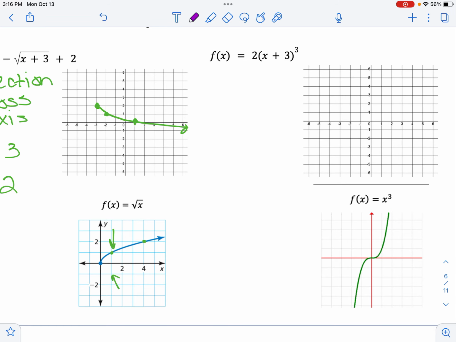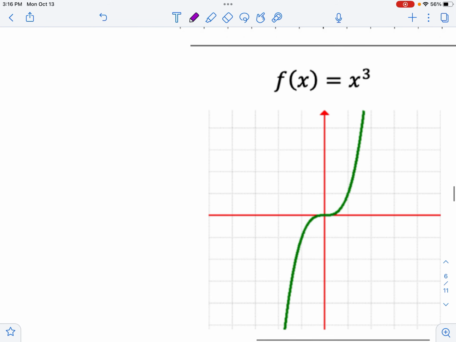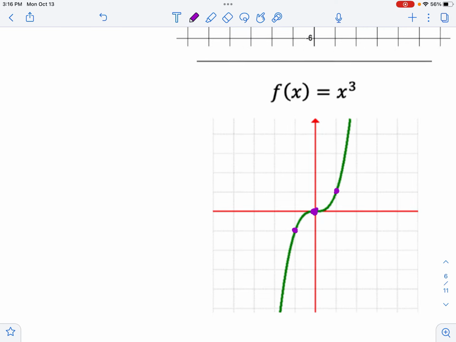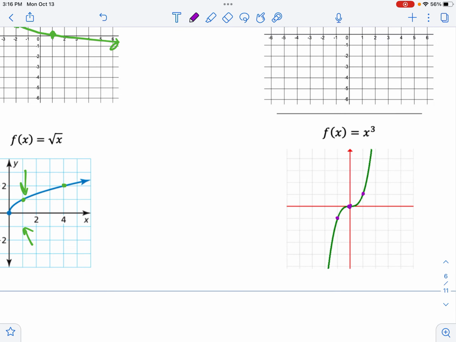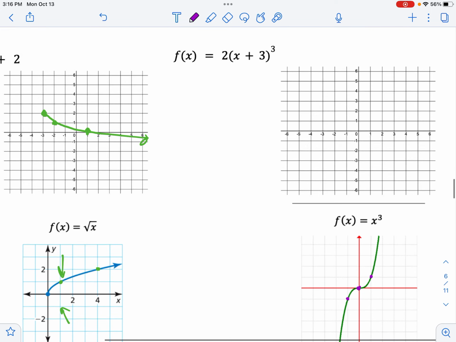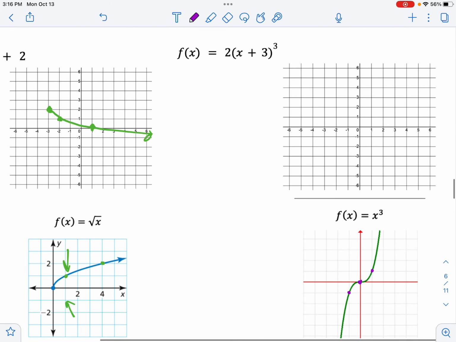So I'm first going to move, I can see down here, I've got a point here, a point here, and a point here. All right, those 3 are kind of my 3 dots. And first thing I want to do is I know that this means left 3. Another thing I have is right here, and this means a vertical stretch.